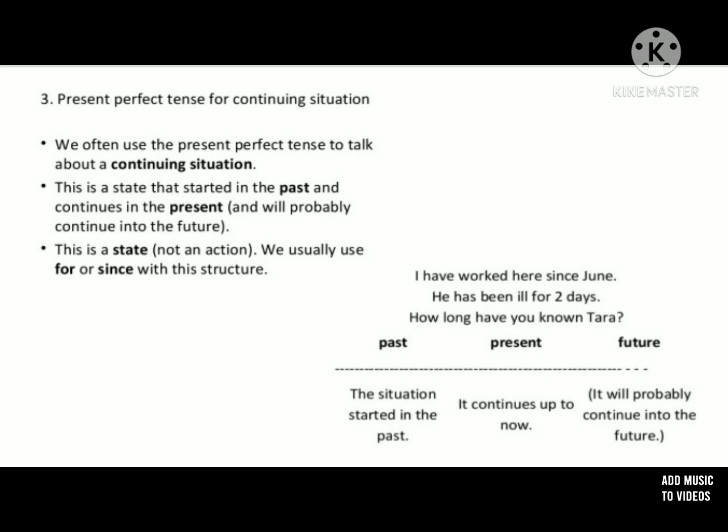Now look at the example. I have worked here since June. He has been ill for 2 days. How long have you known Tara? So all these states started in the past and continue up to now, and will probably continue into the future. So we can use present perfect tense for continuing situations as well.